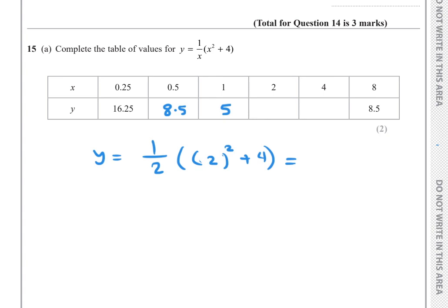And find the answer, which is 4 plus 2, 8 times half, 4, so this is 4. Now put x equal 4. So 1 over 4 times 4 squared, 16 plus 4, 20 times 1 over 4, so 5.